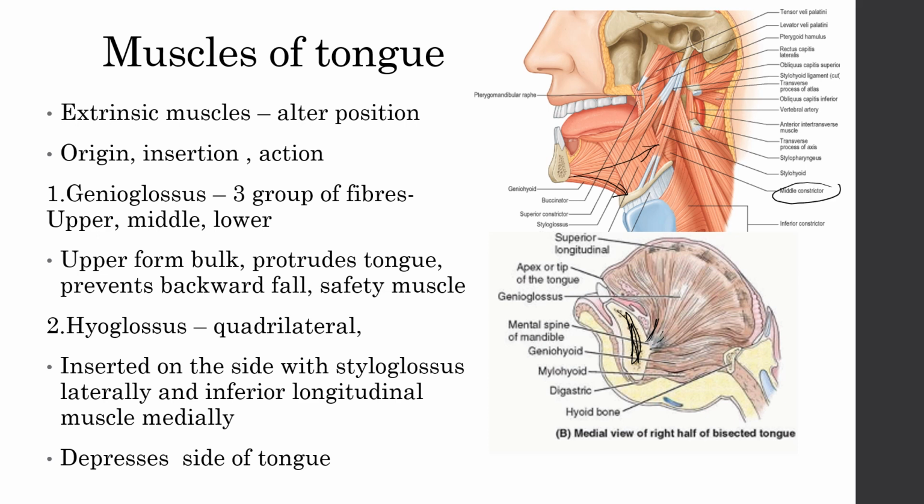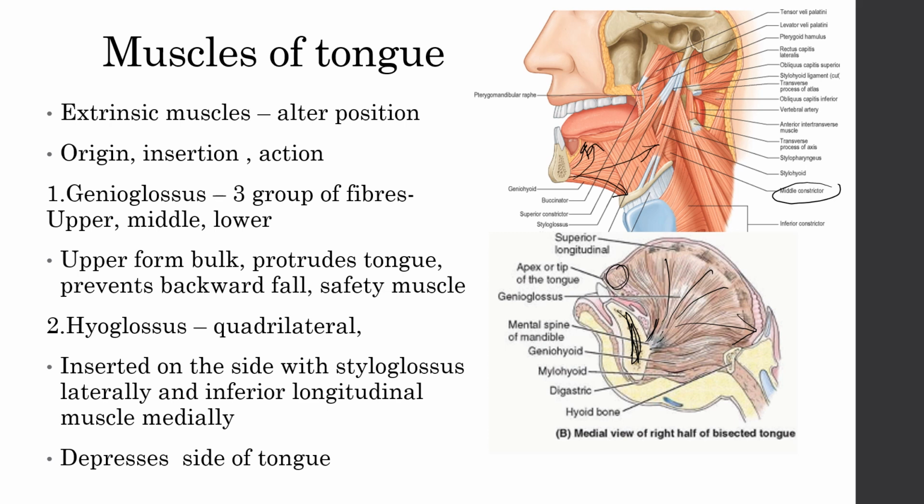This is the middle constrictor, and the upper fibers go towards the tongue and form the main bulk of the tongue. Now these fibers extend right from the tip of the tongue, middle of the tongue, to the root of the tongue. So they form the bulk of the tongue.